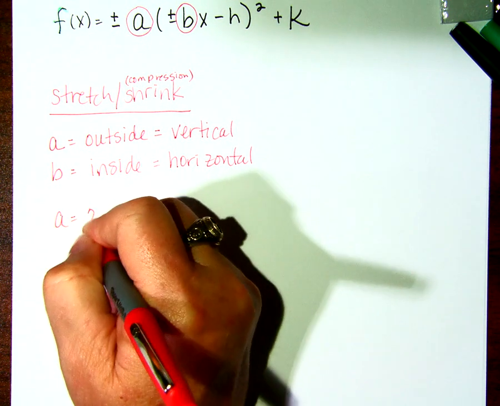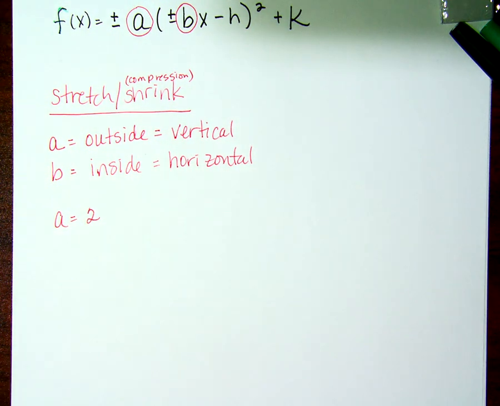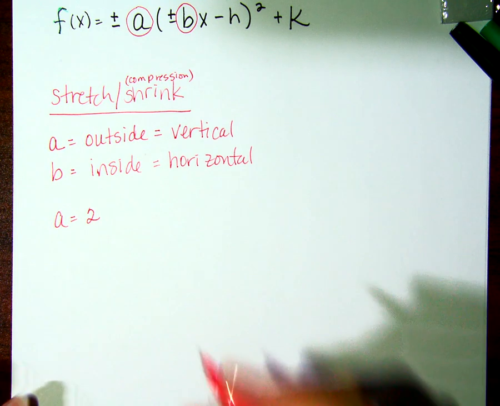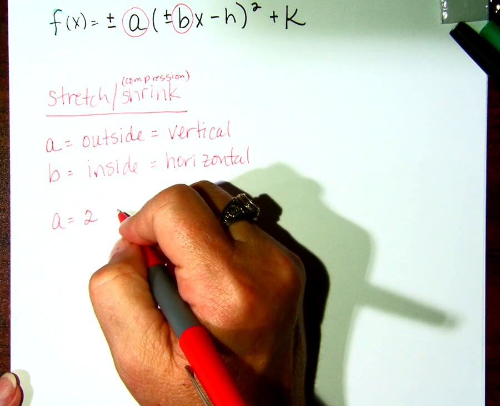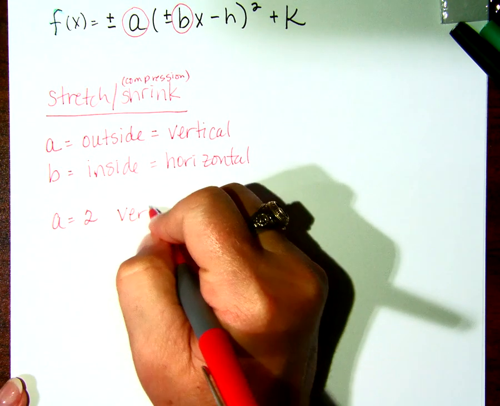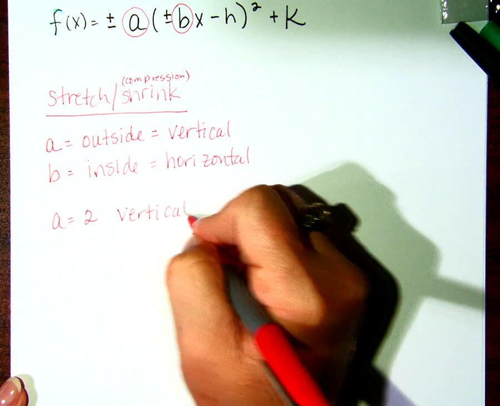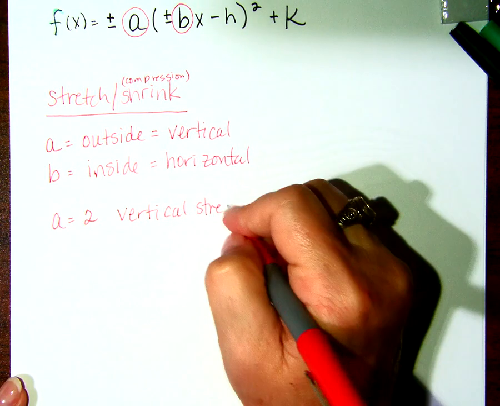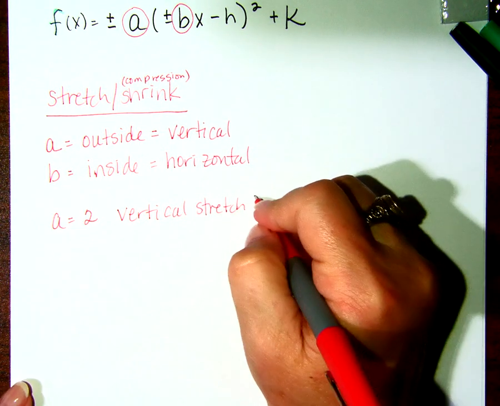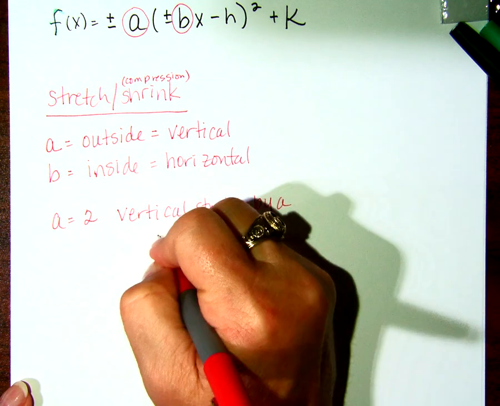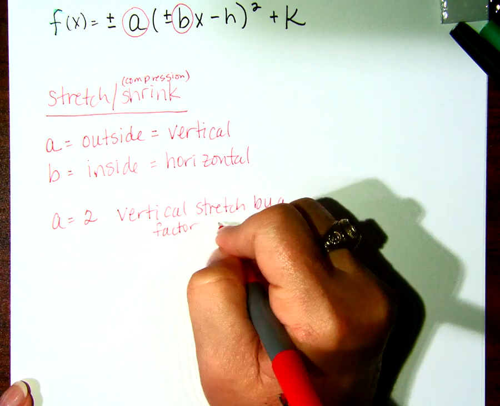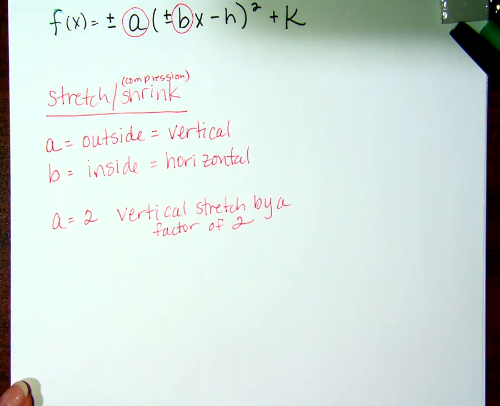If A equals 2, what kind does that cause? Okay. Vertical stretch by a factor of 2.